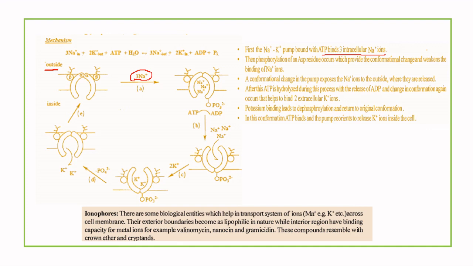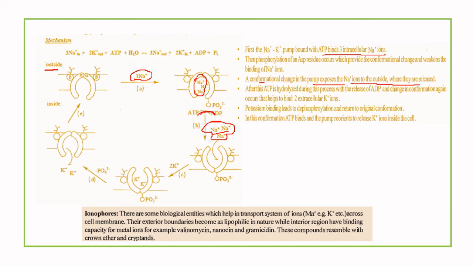Then phosphorylation of an Asp residue occurs, which provides the conformational change and weakens the binding of sodium ion. And the conformational change in the pump exposes the sodium ion to the outside, where sodium concentration is lower, and it is released.